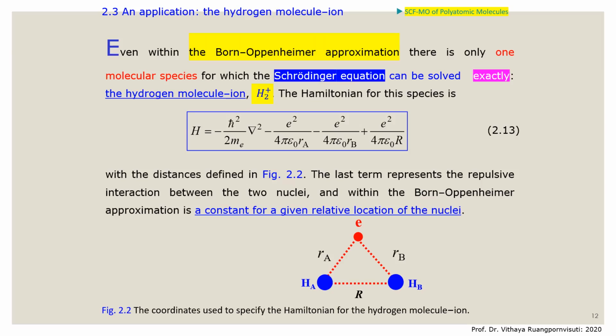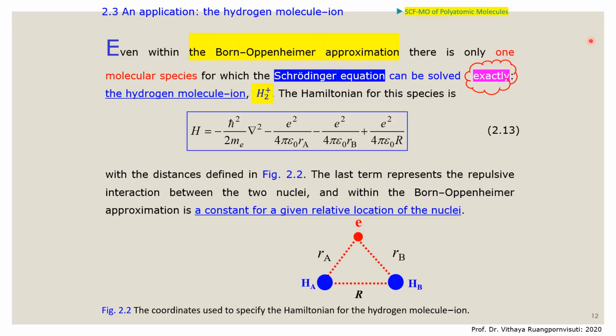Within the Born-Oppenheimer approximation there is only one molecular species for which the Schrödinger equation can be solved exactly, the hydrogen molecule ion. Just this one ion can be solved exactly using the Schrödinger equation. You must remember that.